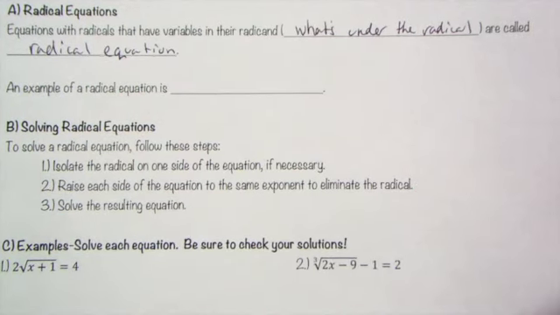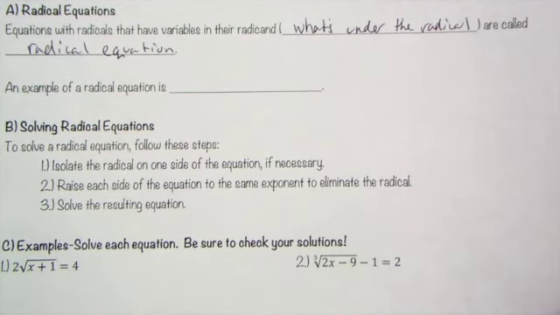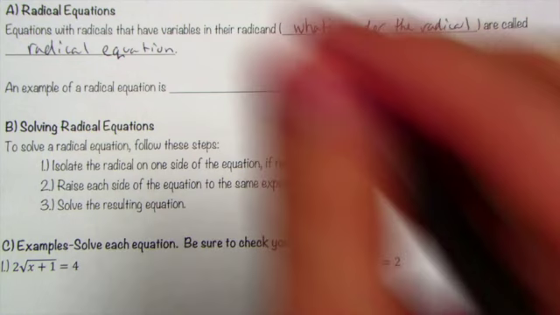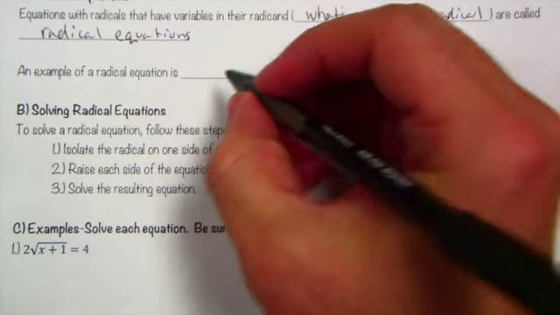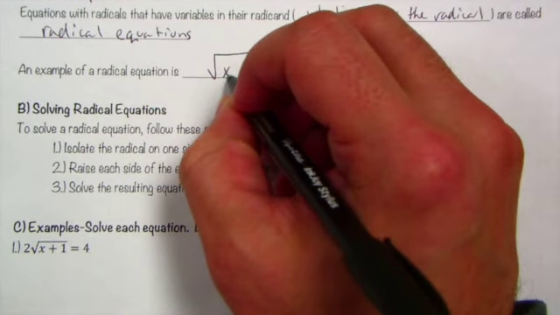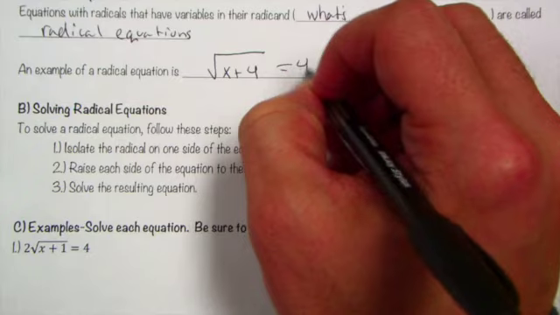Equations with radicals that have variables in their radicand are called radical equations. An example of a radical equation is something that looks like this: square root of x plus 4 equals 4.